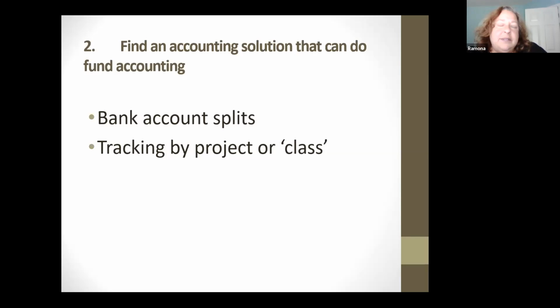So not to keep promoting QuickBooks, because Peachtree does this also, but I think that QuickBooks is an easier program for folks who don't have an accounting background to understand. QuickBooks has a function called a class function. With this class function, you can write a check, and then it'll actually say class, and you could say, this is the highway sign project, and you can set that class up.